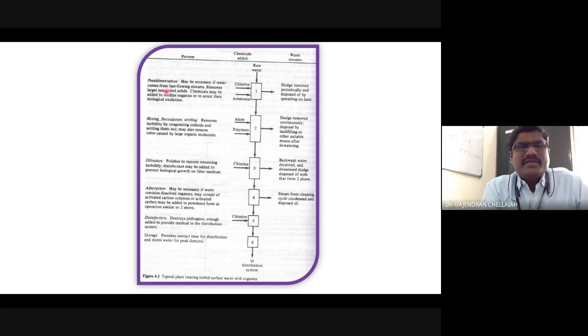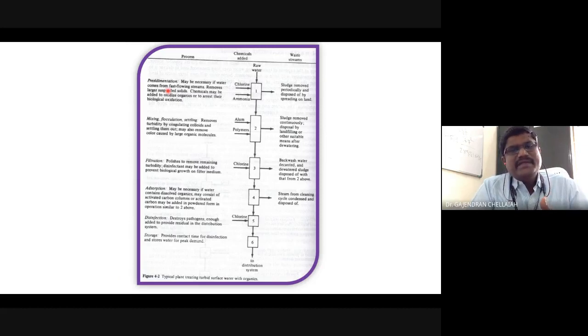The first one is pre-sedimentation. Since surface water flows over the surface of the ground, there is a possibility of more floating matter and particles, and it will carry debris, dead animals or whatever else. So we have screening before sedimentation, then we go for pre-sedimentation.